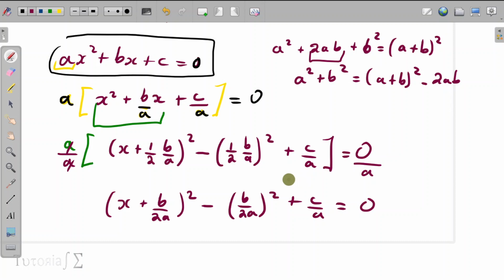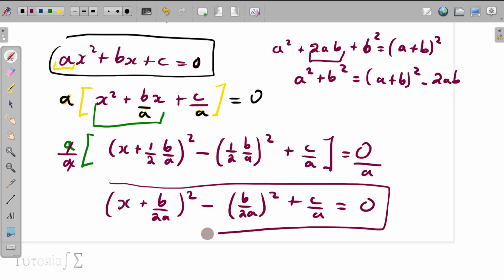And this is the premise of the complete the square method. If we further simplify this, we're going to have the quadratic formula. So just take note, we'll start from here to derive the quadratic formula, then we'll move on from there.